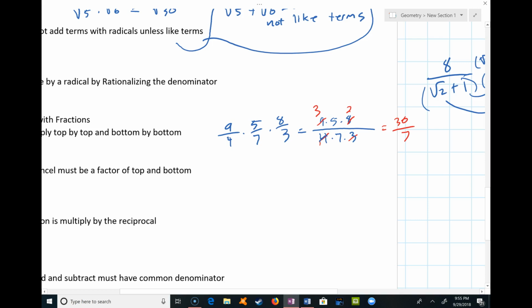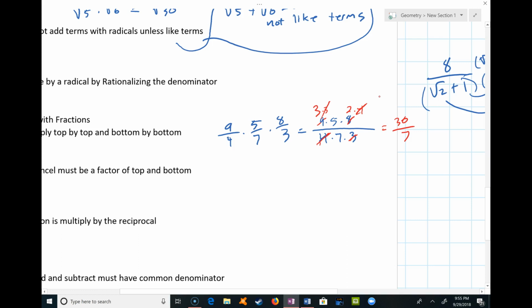However, you can cancel any like factors on the top and bottom. Notice here, the reason why we can cancel this 9 and 3 is because really 9 is 3 times 3 and 8 is 2 times 4. So what we're doing is really canceling out that 3 with that 3 and that 4 with that 4.